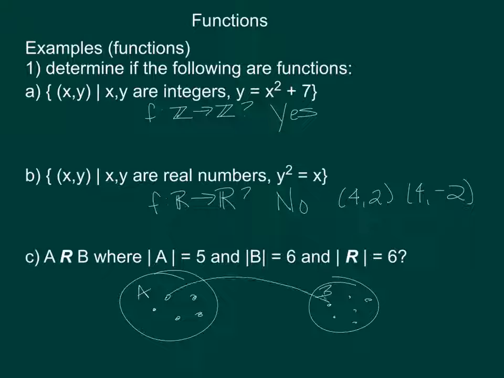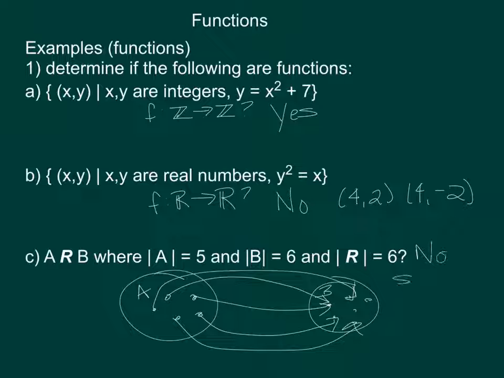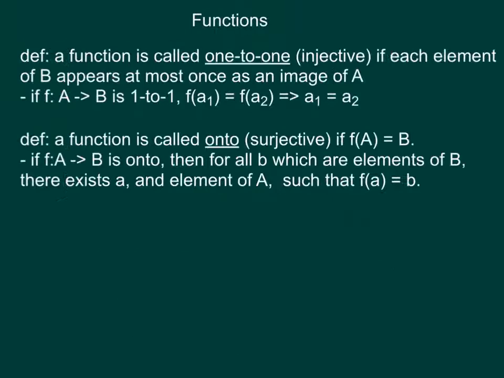So here's possibly 1, 2, 3, 4, 5. Well, to get a second pair, you're going to have to use some element of A 2 times. So this is not a function, since the cardinality of our relation is greater than the cardinality of our domain.